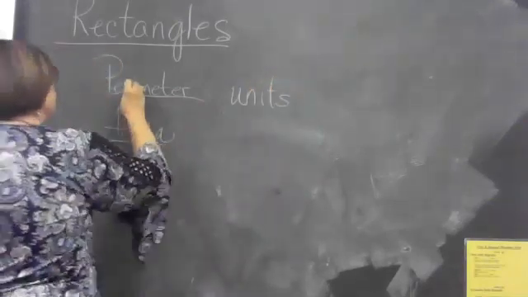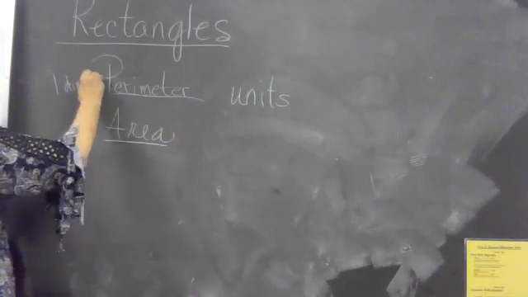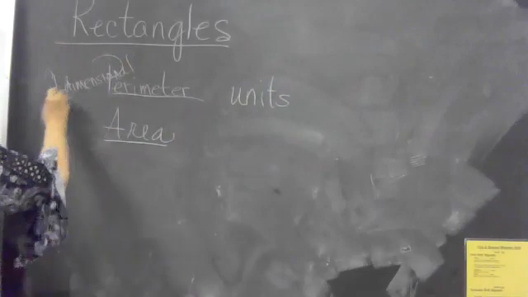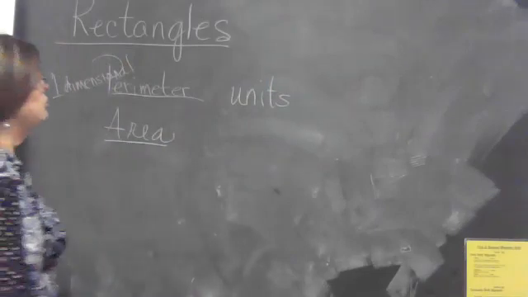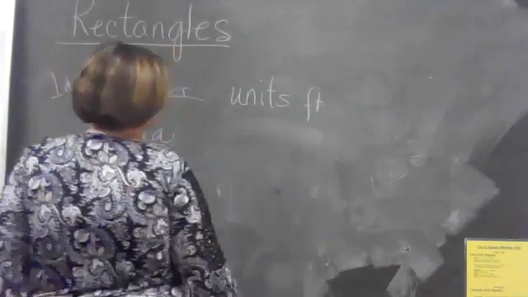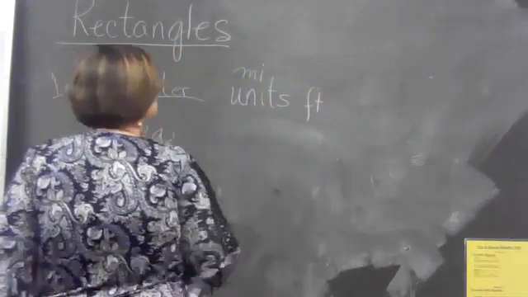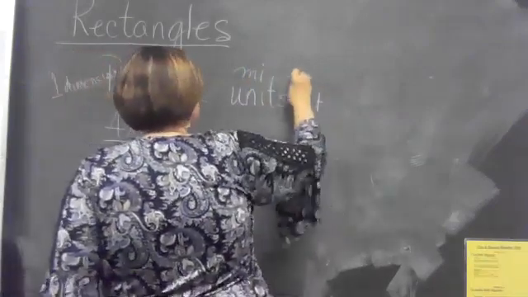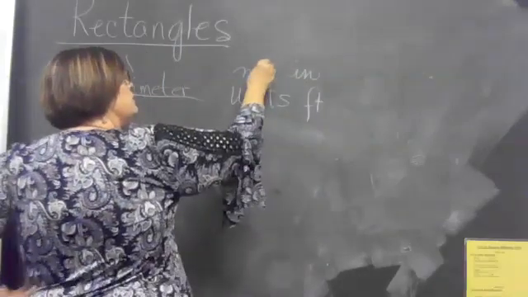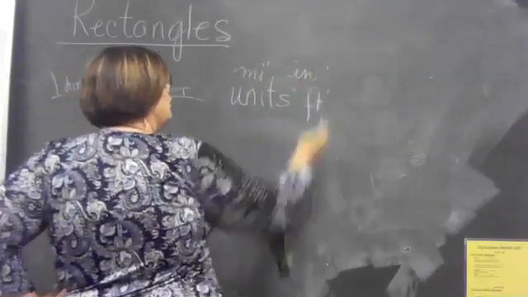Perimeter is one dimensional. So you would say 18 feet, 24 miles, 213 inches. They're always going to have this invisible exponent of 1 on their units.